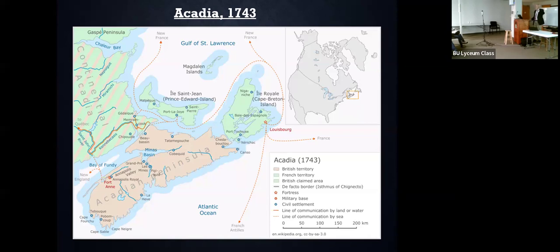If you block that, then all of the French colonies, all the way to the Mississippi, are going to struggle to get supplies, and you've intercepted the trade. So Acadia becomes particularly important to the English, especially over time.